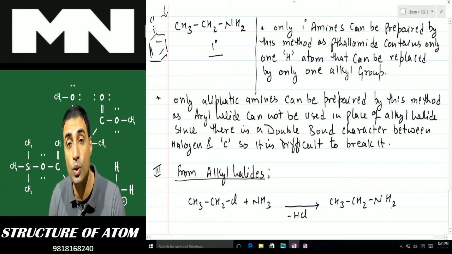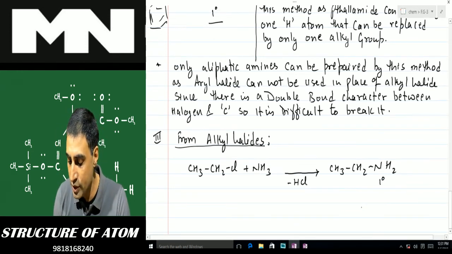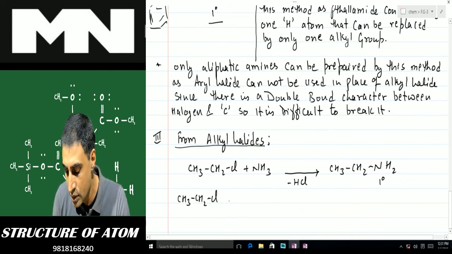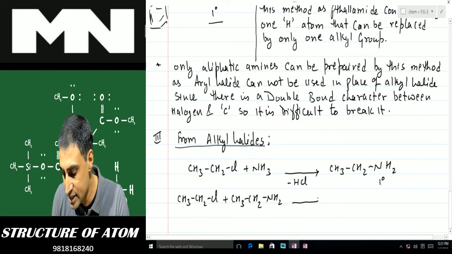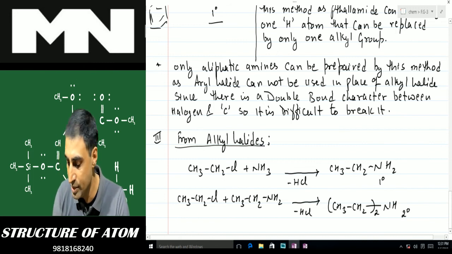Dear students, here two hydrogens are attached to nitrogen, so you have got a primary amine. This primary amine will again react with the alkyl halide because like ammonia, they are also basic. So you'll get CH3CH2Cl reacting with CH3CH2NH2. Again, one H and Cl will come out as HCl. You will get the compound (CH3CH2)2NH, a secondary amine.